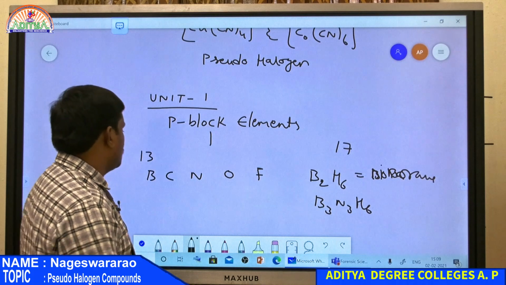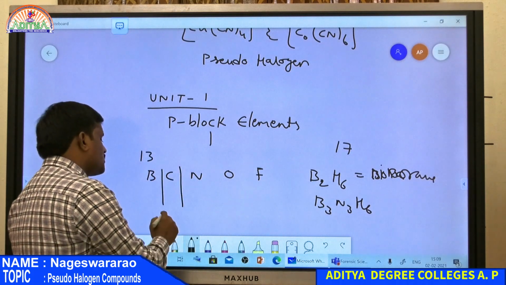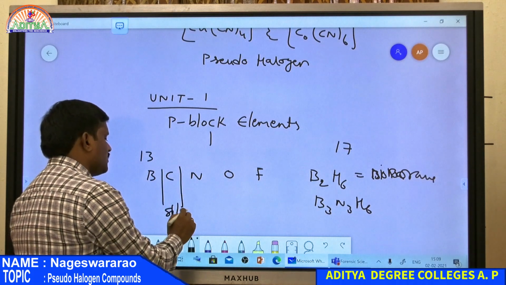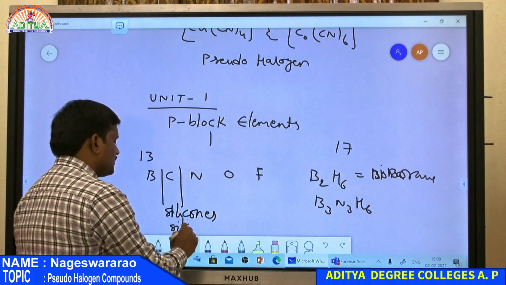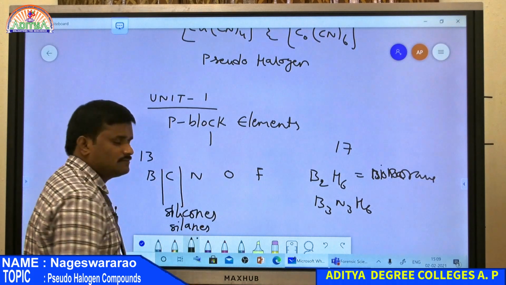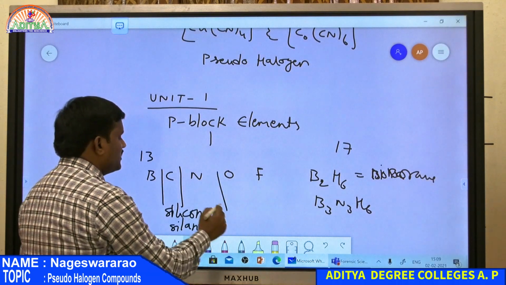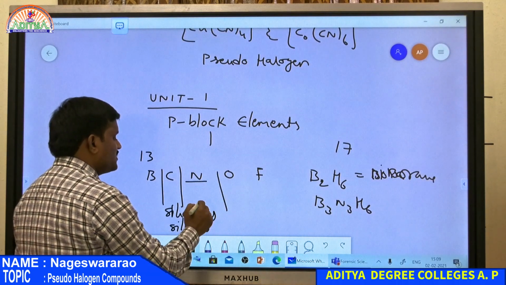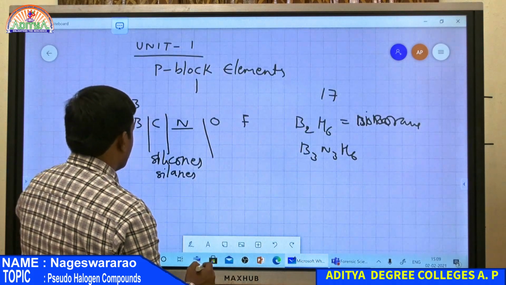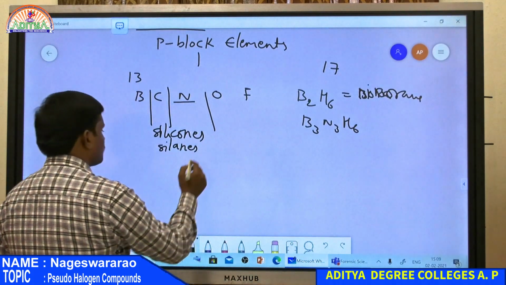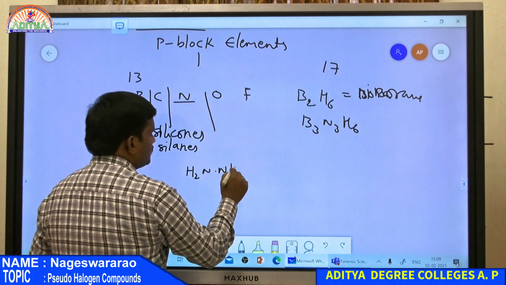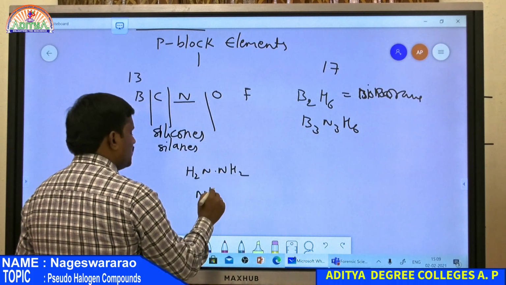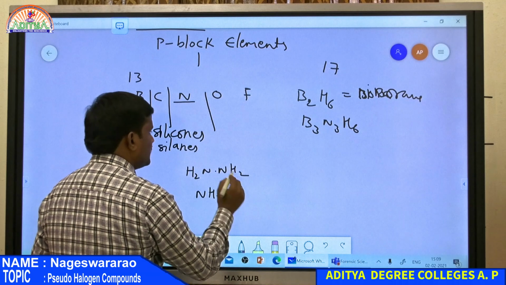In the second group, we discussed silicones, that is compounds of carbon, and also silanes, that is hydrides of silicon. In the next one we discussed nitrogen compounds, that is hydrazine N2H4 and hydroxylamine NH2OH.